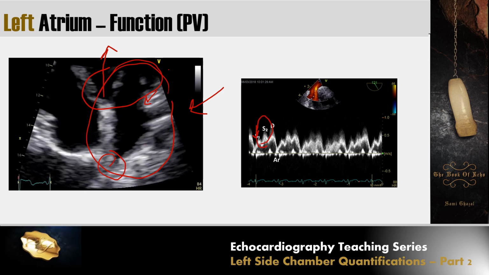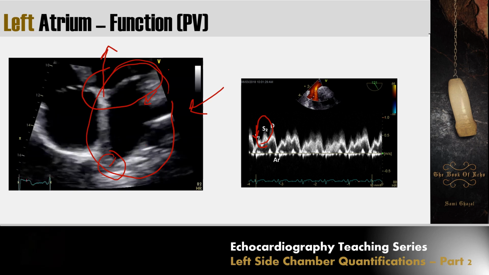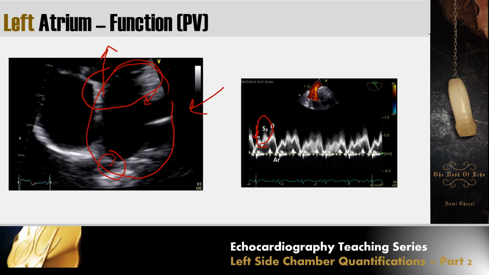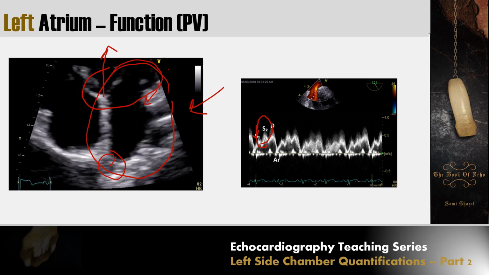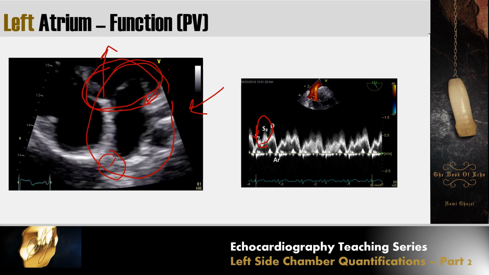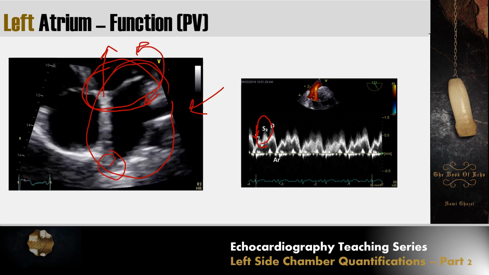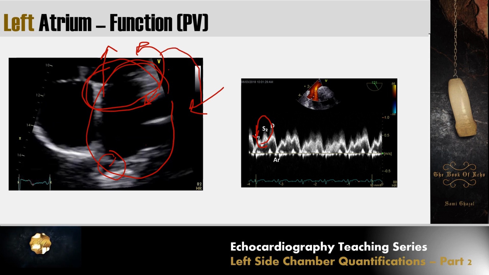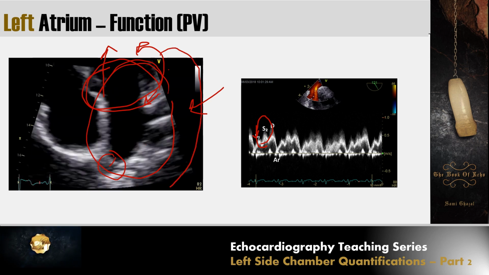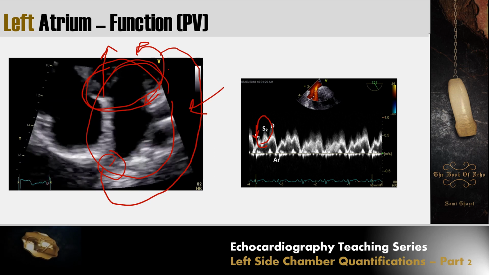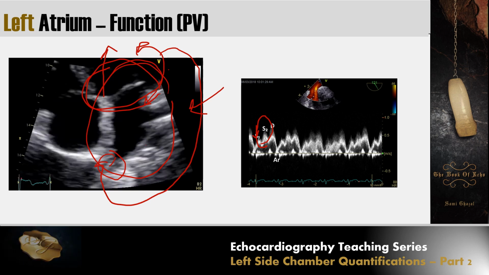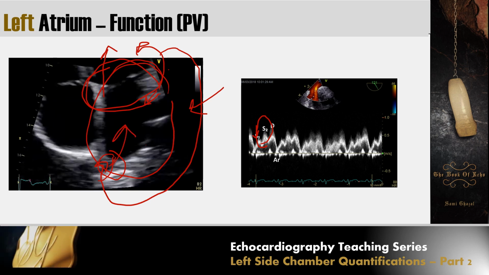Okay, so S1 is caused by atrial relaxation. S2 is by the motion of the mitral annulus toward the apex, as well as the coming blood during systole, which is now pushed through the venous system to the left atrium. Okay.